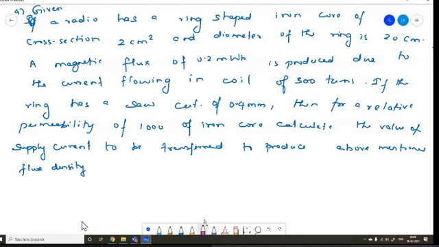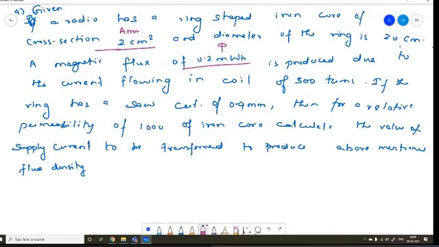Quickly recollect what information is available to us. Flux is given to be 0.2 milliweber. So the cross section area is given, and this is the cross section area of the iron ring. And the diameter of the ring is also given.